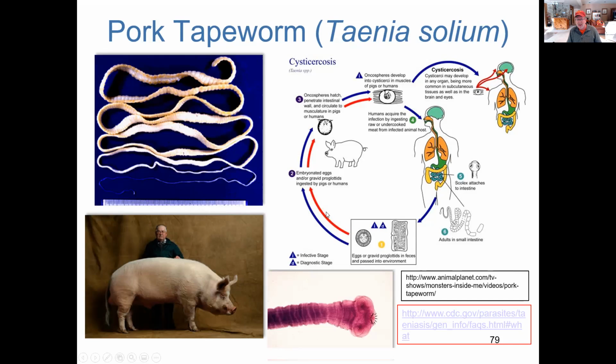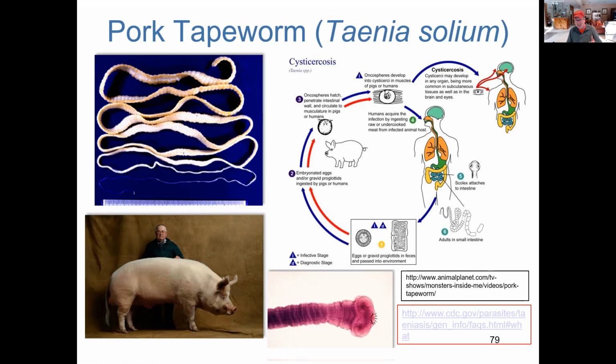And so what ends up happening is you would usually ingest a form of the tapeworm by eating either raw or undercooked meat. Now we're using the example here of the pork tapeworm, but there are also beef tapeworms too.